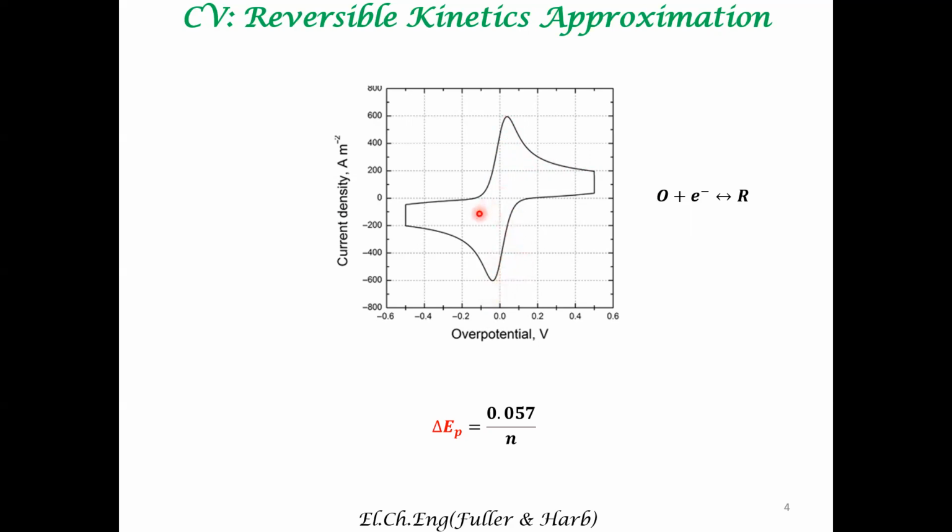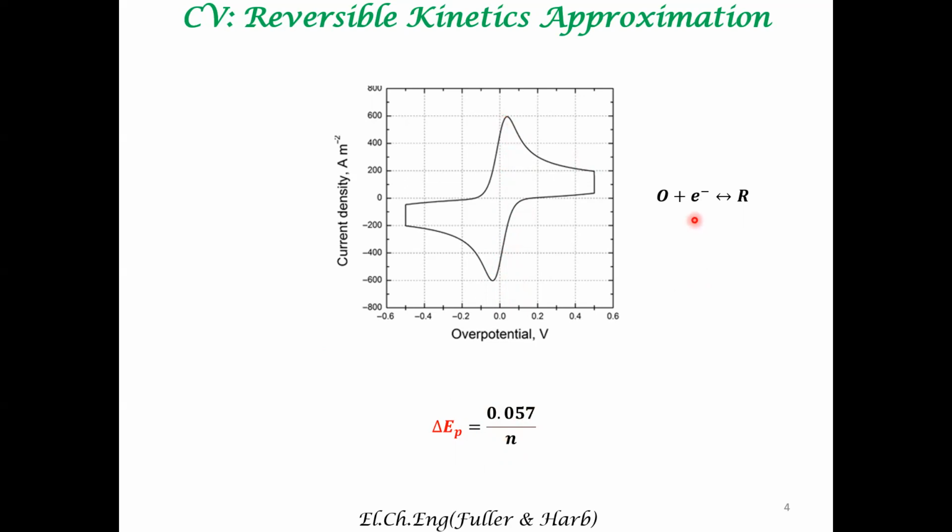Going from a completely qualitative analysis to a slightly more quantitative analysis gives an important result, which is used in the experimental analysis of cyclic voltammetry. So what is this result? The difference between the peak voltages, that is, the voltage of the cathodic peak and the voltage of the anodic peak, has to be this quantity, where N is the number of electrons transferred in your electrochemical system.